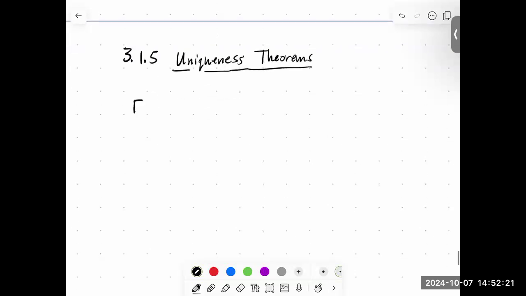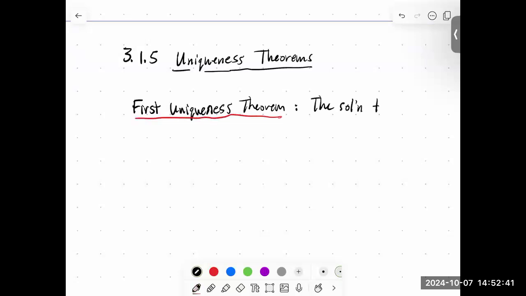So I'm going to first just write down the first uniqueness theorem. What it says is the solution to del squared V equals 0 in a volume.